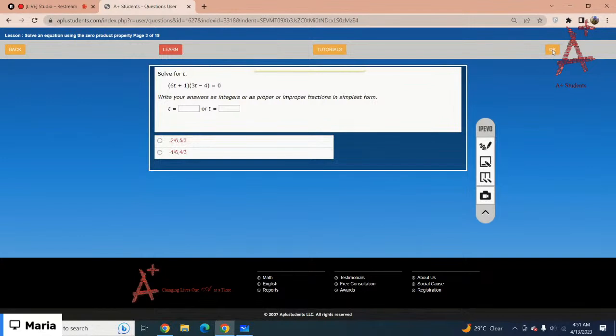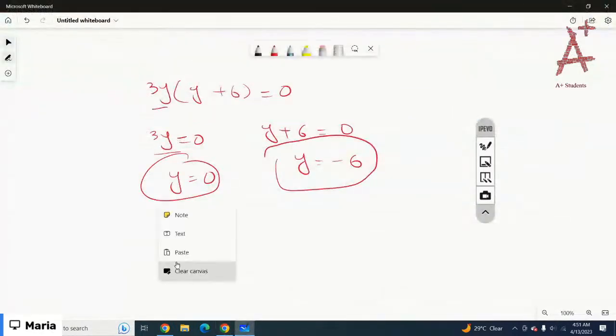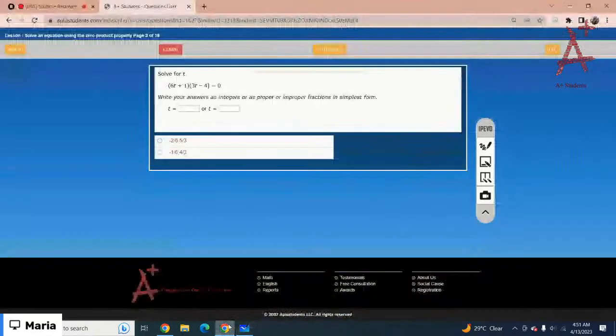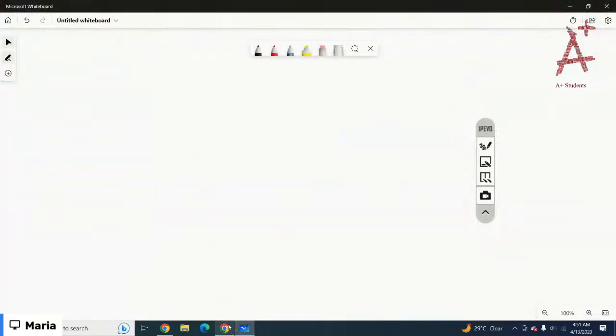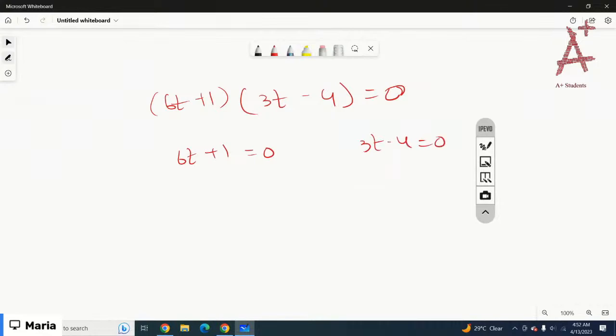Okay, 6t plus 1 times 3t minus 4 equals 0. That means either 6t plus 1 equals 0 or 3t minus 4 equals 0.